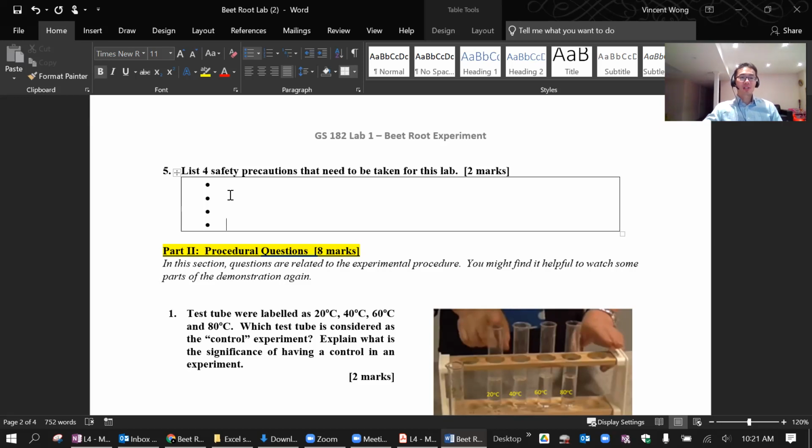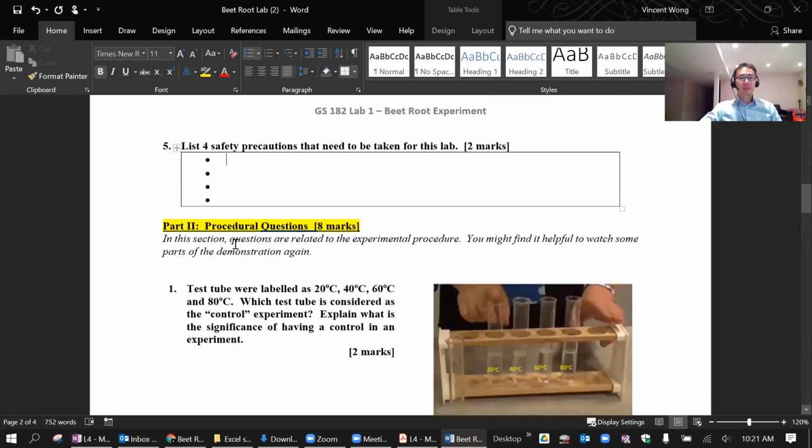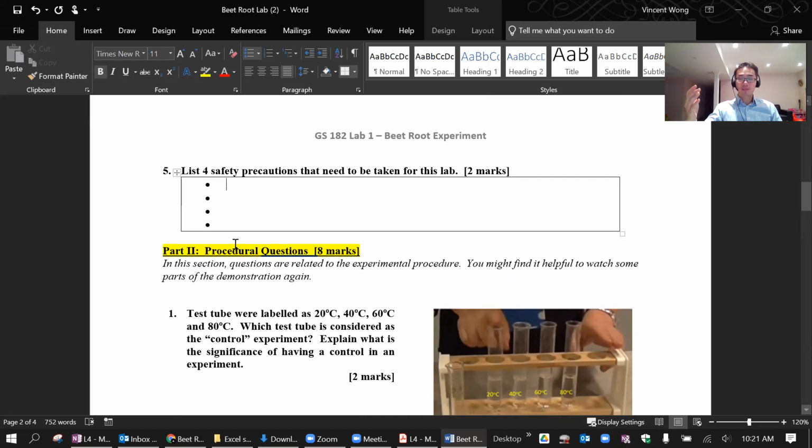So just use things that are relevant to this lab, and also don't be repetitive. If you say wear PPE and then the next point you say wear goggles, well, goggles are PPE, right? So don't repeat yourself. Make sure that these are distinct things, and try to think about it when you're actually doing this lab. What kind of precaution are you going to be taking?